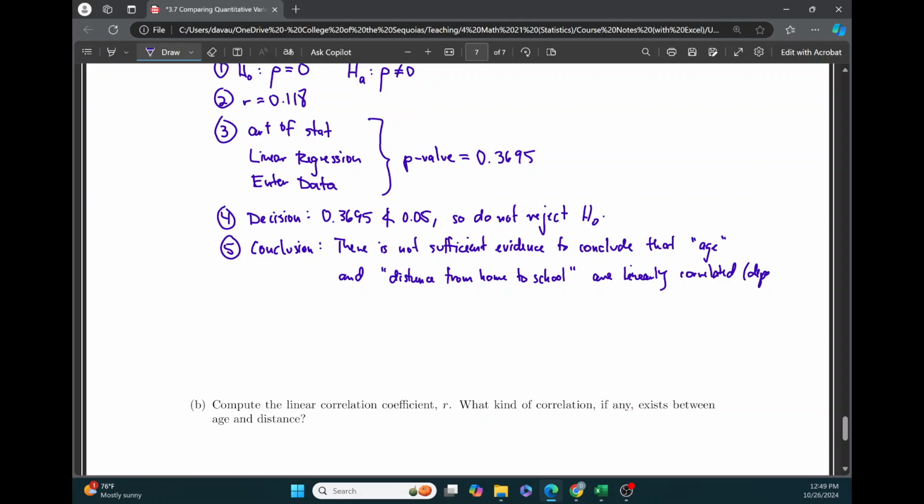Okay, there's not sufficient evidence to say that they're linearly correlated, or in other words, dependent.